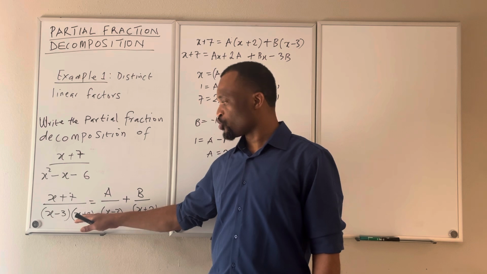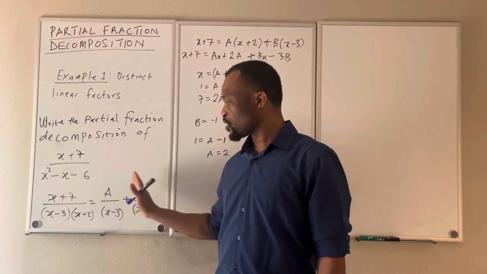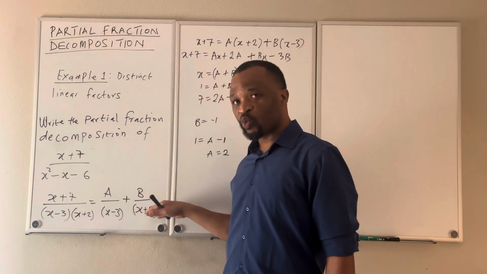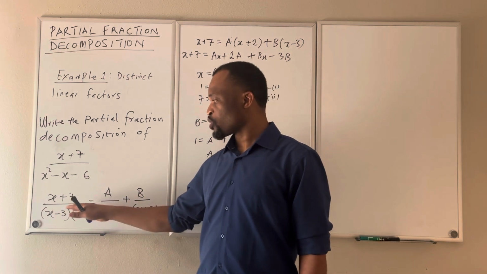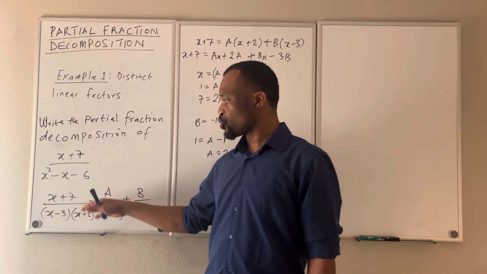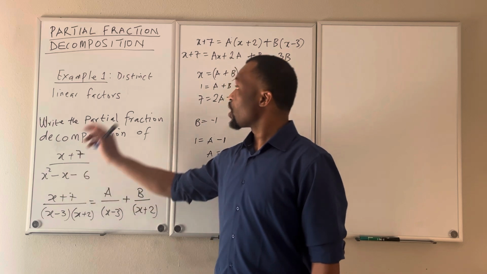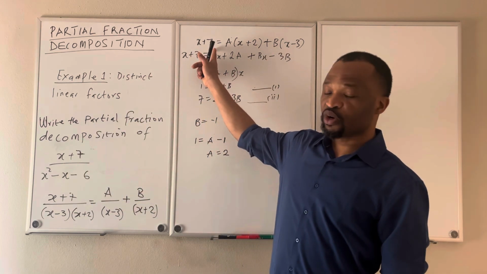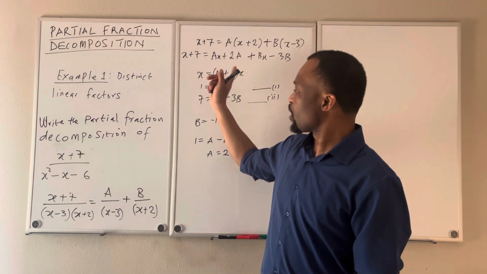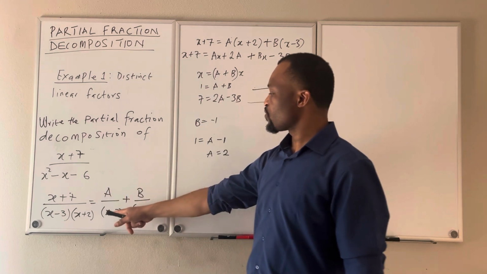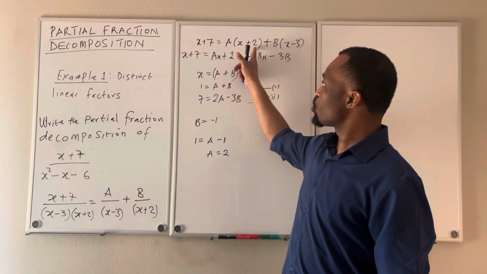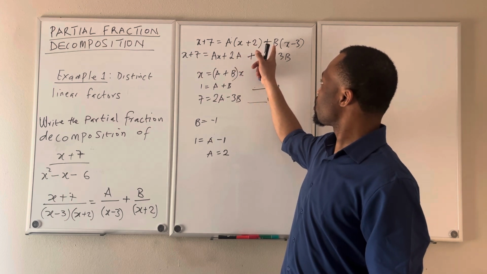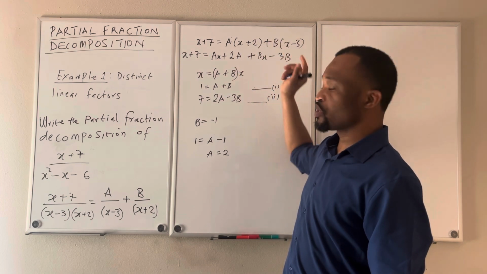The next thing we're going to do will be to multiply both sides of this equation by x minus 3 and x plus 2. When I do that, I would have x plus 7 on the left hand side, and on this side, I would have a into bracket x plus 2 plus b into bracket x minus 3.